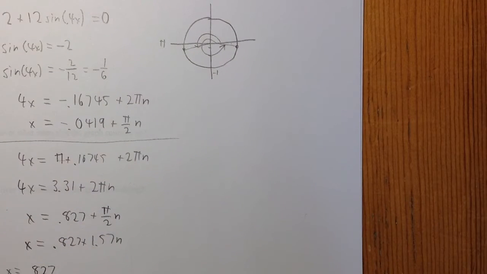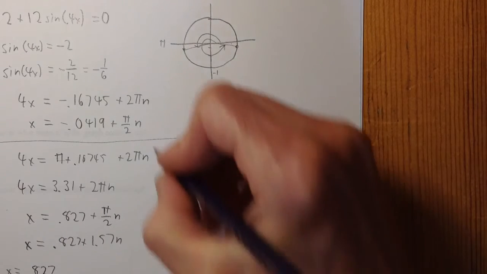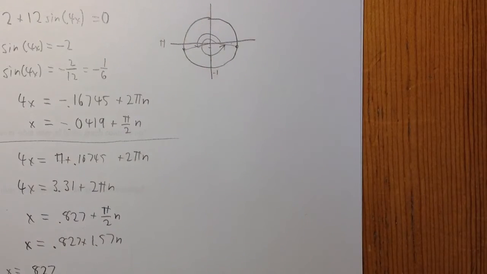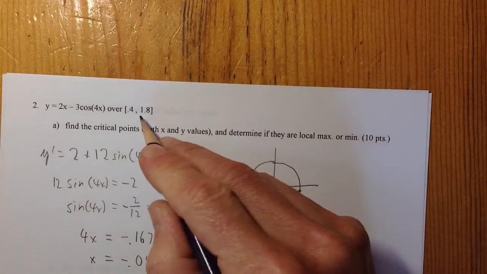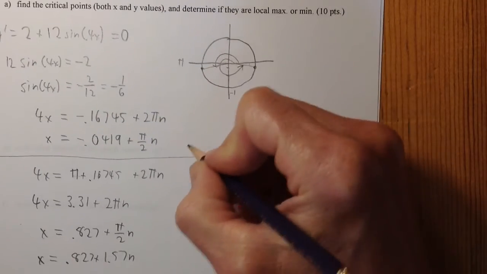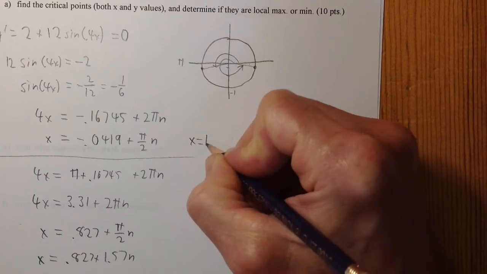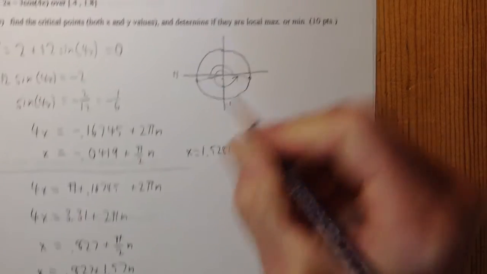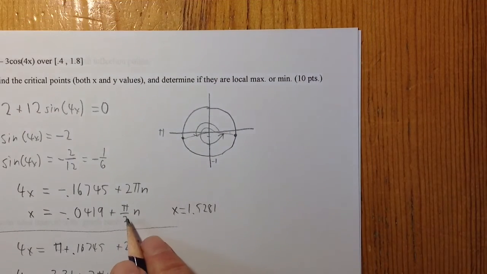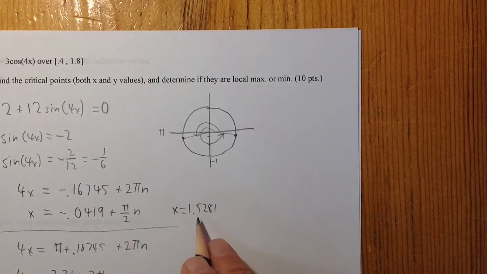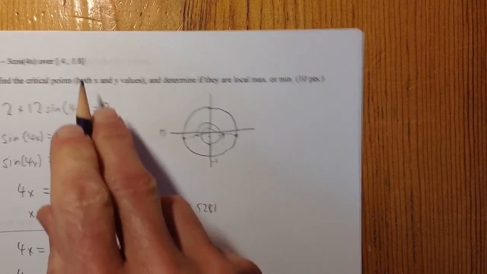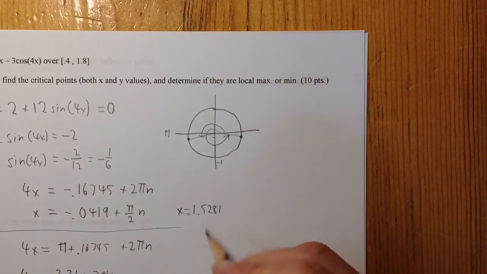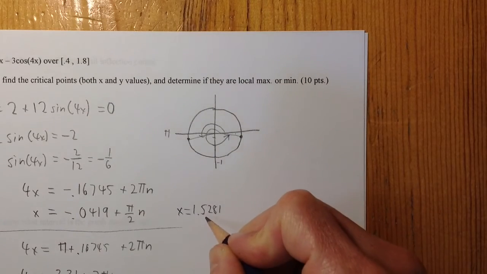Negative 0.0419 plus 1.57 gives 1.5281. That works because it's within 1.8. So this gives us x is equal to 1.5281. The next one's going to be another pi over 2, another 1.57, which is clearly too big. That's going to give us past 1.8. That's going to give us 3 point something. So this is our only one here.